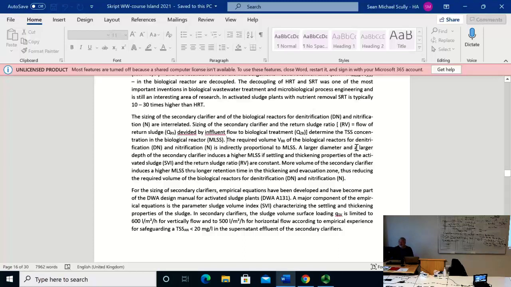A larger diameter and a larger depth of the secondary clarifier induces a higher MLSS, if the settling and thickening properties of the activated sludge, the sludge volume index, and the return sludge ratio are constant. Well, I was just talking about if those things are not constant, but the return sludge ratio I can control by my pumps.